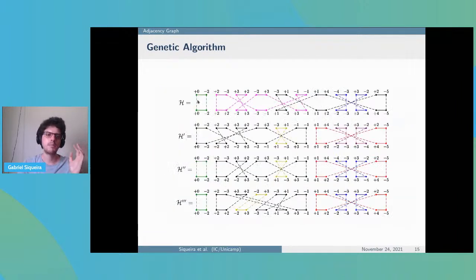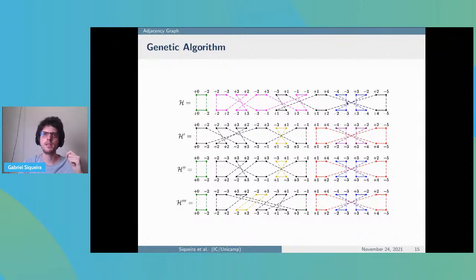This is just an example to explain the crossover and the mutation operations. We have 2 cycle packings, H and H prime, and I'm going to apply a crossover between them. The crossover consists of picking cycles from one of the two solutions. We're going to pick one of the solutions at random. We're going to pick cycles from them and add them into the new solution until we no longer have cycles in the original solutions, or the new solution already has all its vertices covered.